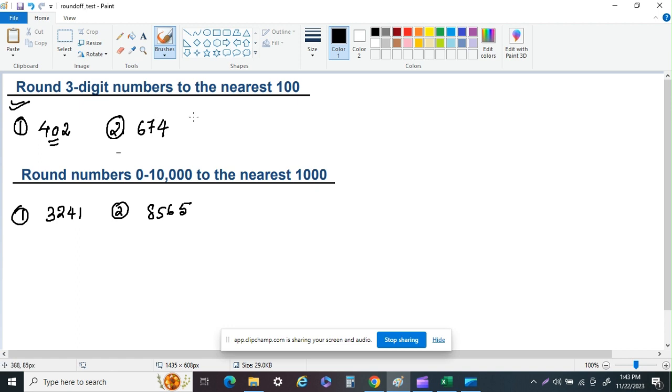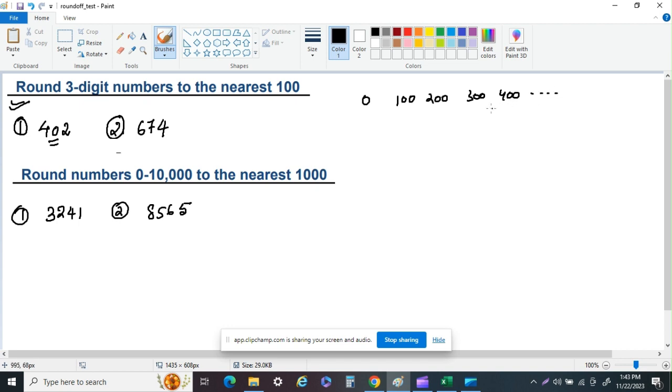Round off a three-digit number to the nearest hundred. Now let us take up the number 402. When you're talking about rounding to the nearest hundred, let us think about all the hundreds. You have 0, 100, 200, 300, 400, and so on.